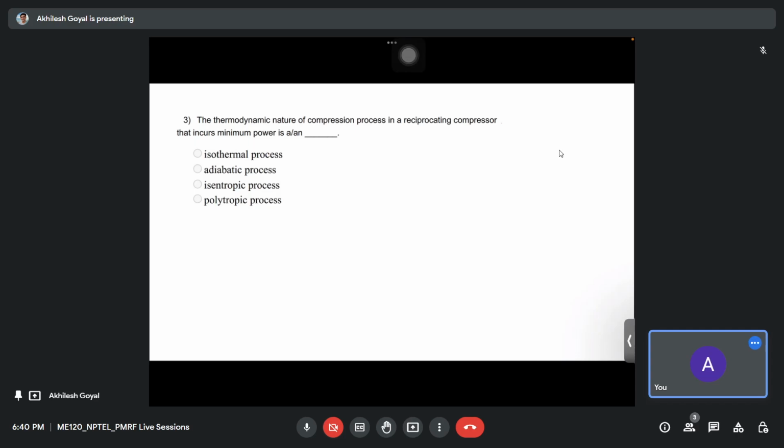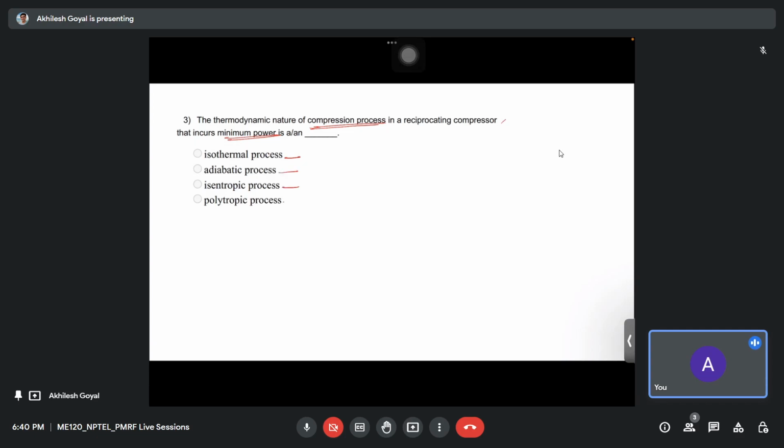Here it is being asked which process of reciprocating compression results in minimum power. The options are the isothermal process, adiabatic, isentropic and polytropic.